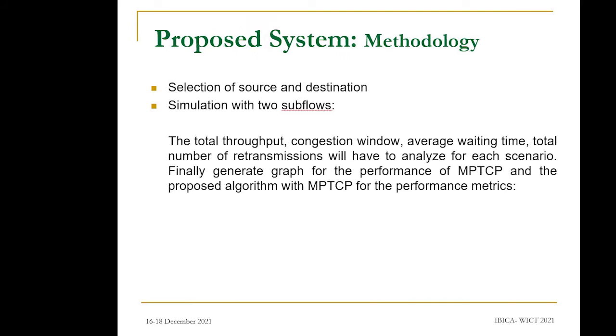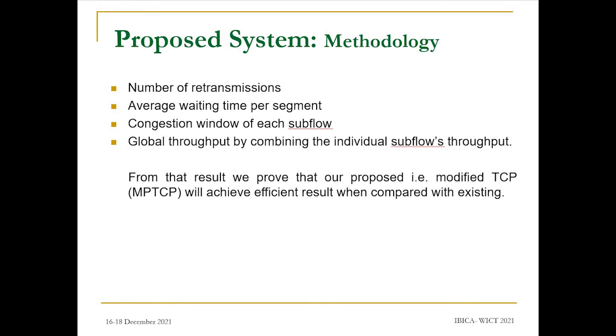As may be seen in the next slide, due to the number of retransmissions, average waiting time per segment, congestion window of each subflow, and global throughput by combining the individual subflows' throughput, we can demonstrate that our proposed modified TCP would obtain efficient results when compared to the existing TCPs.